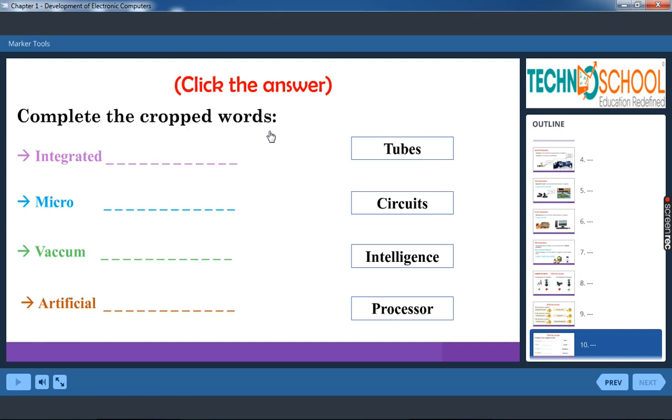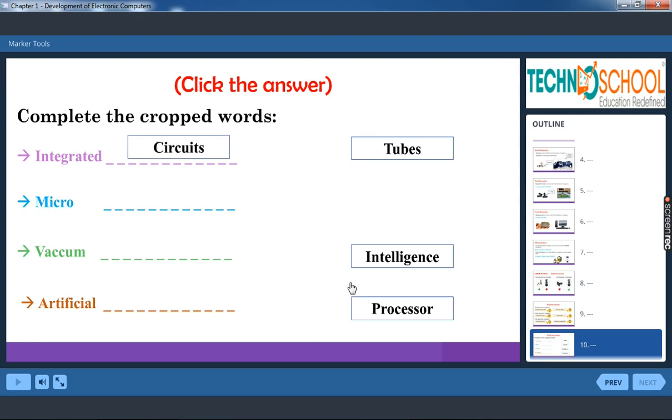Now next, very interesting. Complete the cropped words. Here we have two words, but one is missing, but that is given on the right side. We have to click on the first word, then we have to click on the second word, which is matching the first one. Integrated circuits, very good.